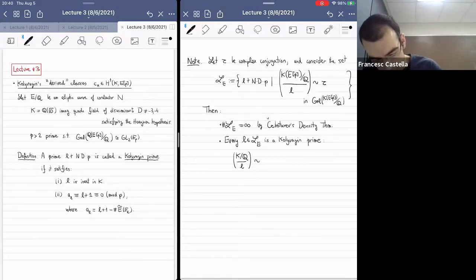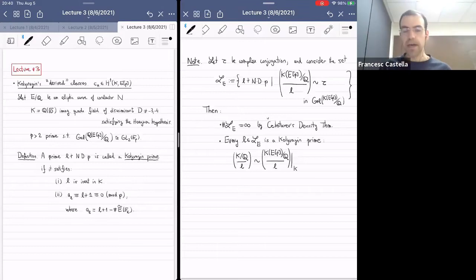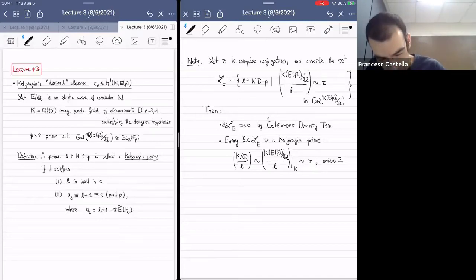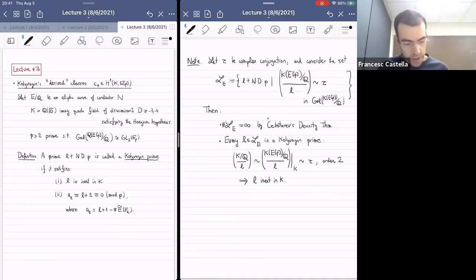That's going to be conjugate to looking at this one over the larger field and restricting that to K. But by our definition of L, this is just conjugate to tau, which has order 2. Therefore the inertial degree of L is 2, so that means L is inert. That checks the first condition.